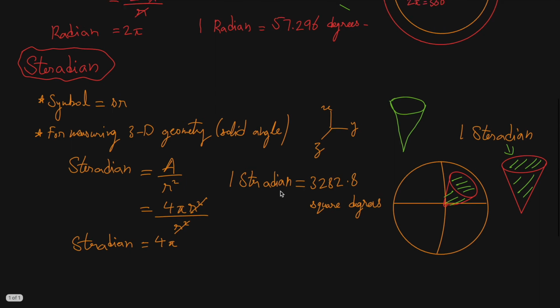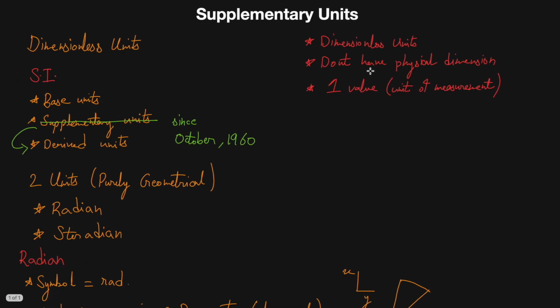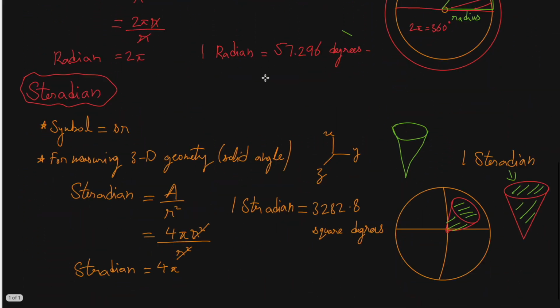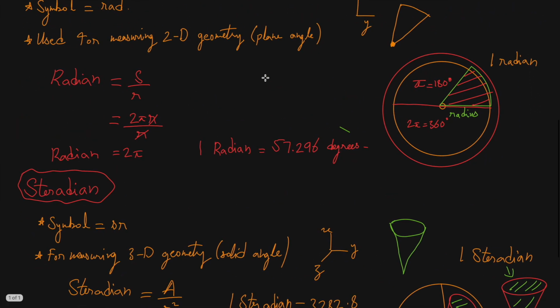What does it mean? First let's focus on this one. Not having a physical dimension means that it doesn't have any dimension. Like in radian, we are trying to measure in length, it doesn't have any meter or feet. For example, here we have s equal to the arc length, which should be equal to the radius.